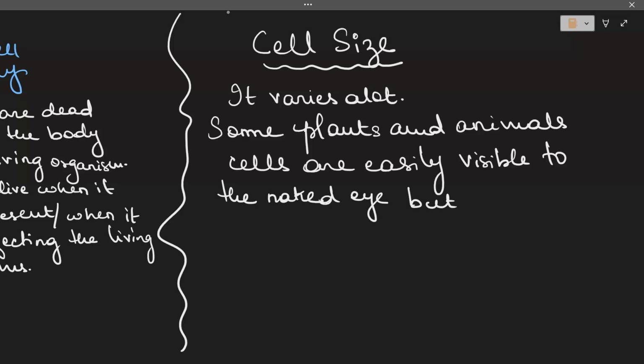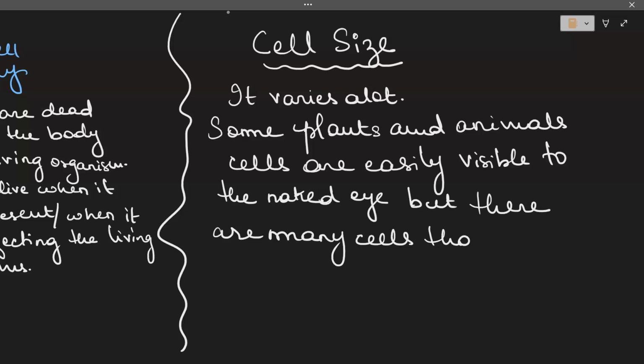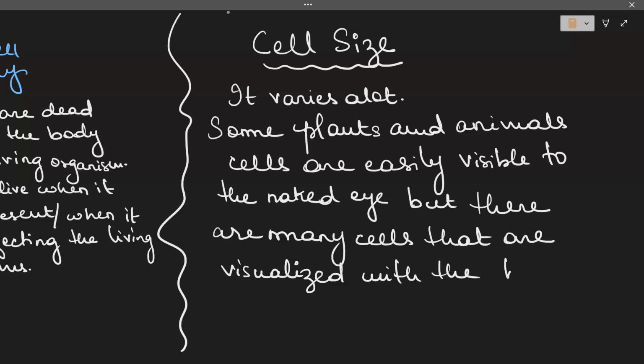But there are many cells that are visualized with the help of microscopes. Without microscopes, we can't even see them. So with the help of microscopes, we visualize those cells.